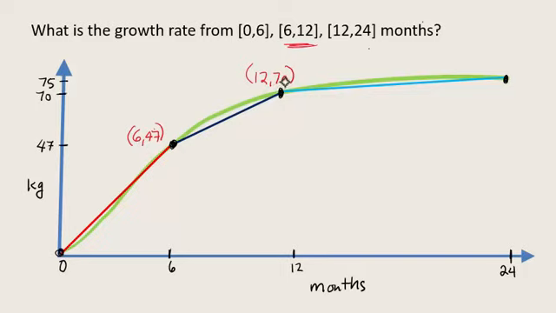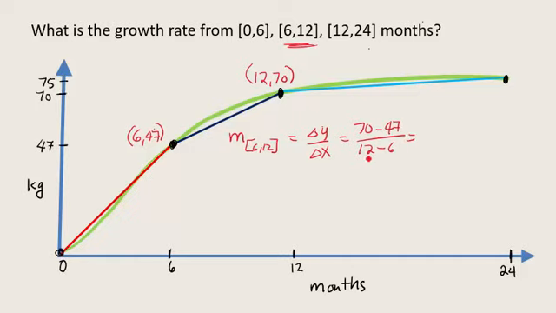So what is the slope of this line secant to the green curve? For the interval 6 months to 12, it would be, again, delta y over delta x. So that's the change in y: 70 minus 47 divided by 12 minus 6.